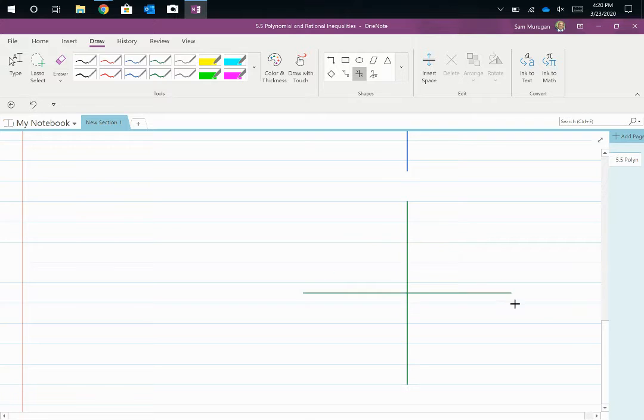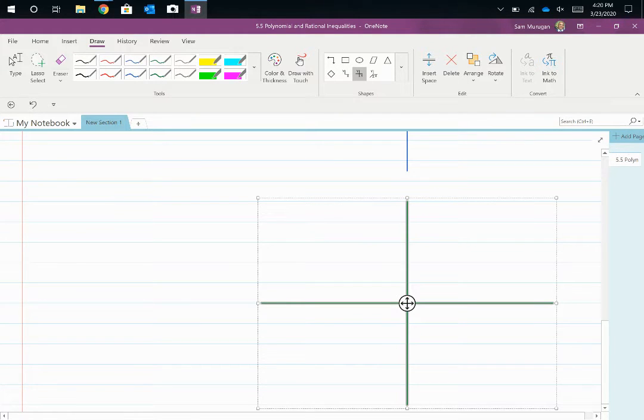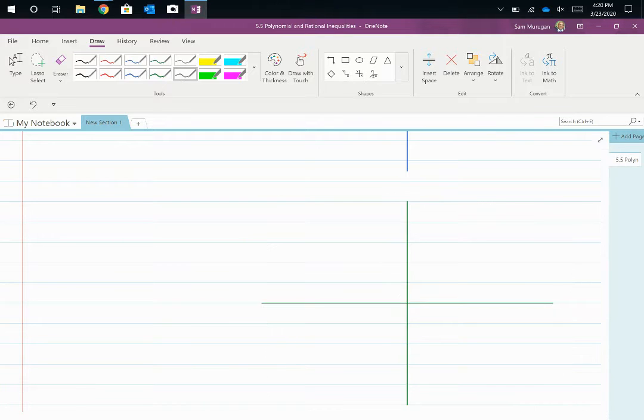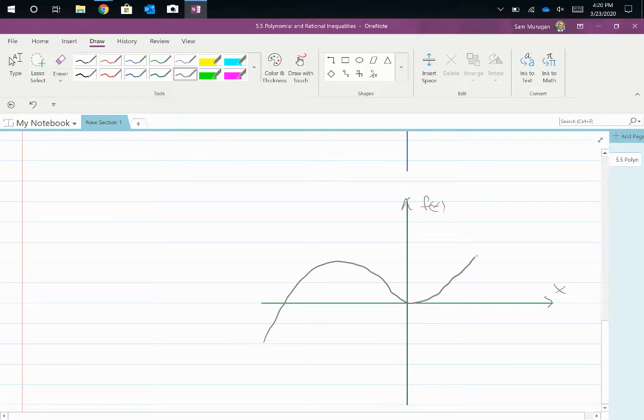So here we go. In this case, this graph does that, and does that. F of x greater than 0 and f of x less than or equal to 0.